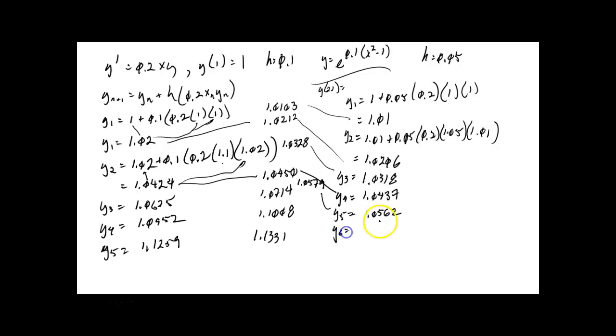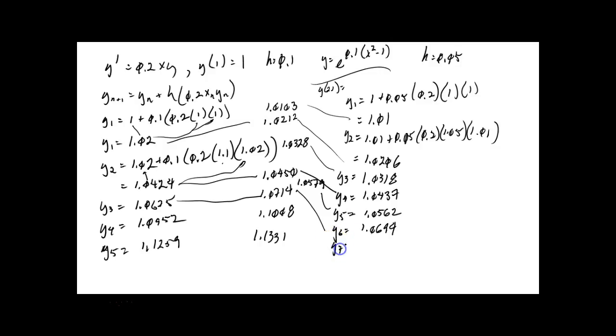Y sub 6, 1.0694. That corresponds to these here. I can't read my writing there, if that's a 7.5, which I think it is. Not far off, but closer to the reality, but still below it.